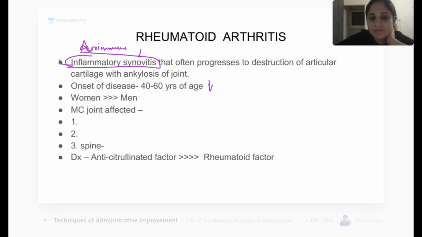It is usually seen in women way more than in men between 40 to 60 years of age. What is the most common joint affected in rheumatoid arthritis? Yes, your metacarpophalangeal joint is the most common joint affected, and then after that is your proximal interphalangeal joint and then spine. So if MCP is the most common joint affected, what will be the earliest sign or symptom in case of rheumatoid arthritis?